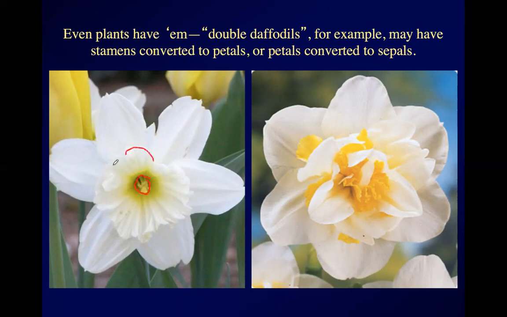There's a ring of petals right here, and I think they're fused. And surrounding it, you've got a ring of sepals. Those are the sepals. It's not that hard to find double daffodils.